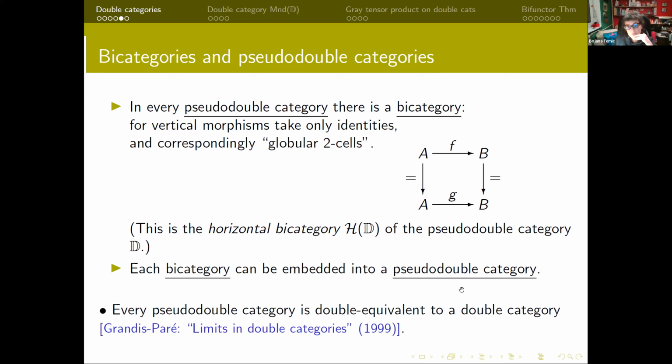Here I want to add one more fact that was proved by Bob and Marco, that every pseudo-double category is double equivalent to a double category. So we have the stratification result, that is great. And they also prove that every pseudo-double functor can be stratified, but you cannot do it with lax or colax double functors. So it is good to know.